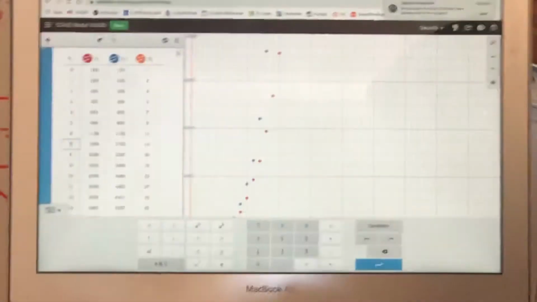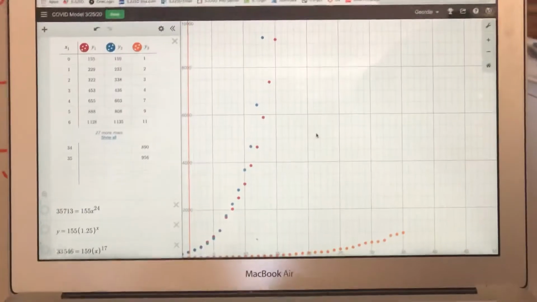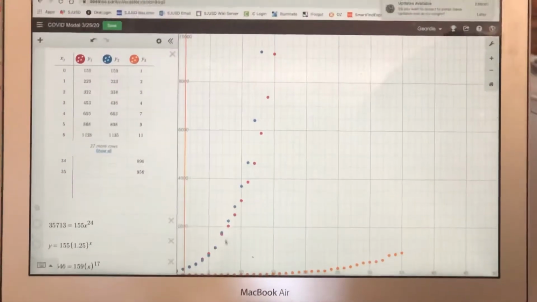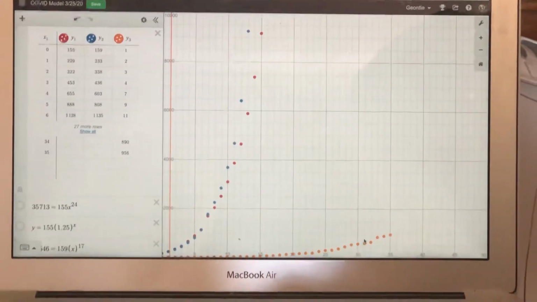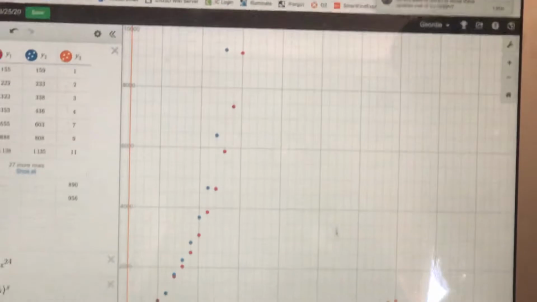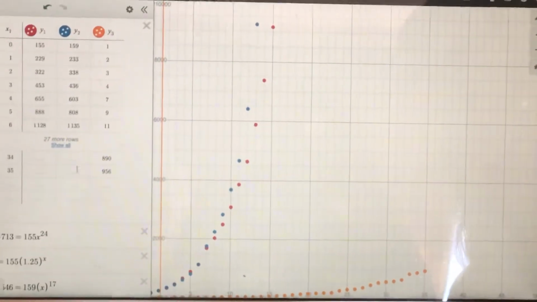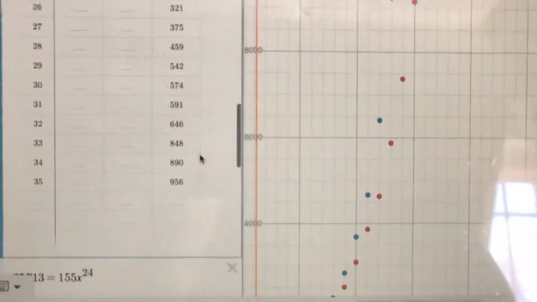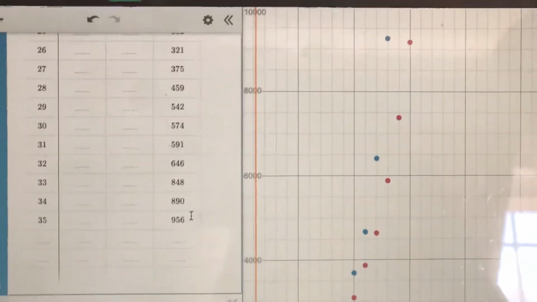I've been modeling this. As we can see here, we have the USA and Italy. For our purposes, obviously, Santa Clara is going to be a lot lower because there's just a lot less people. So it's not really an apples to apples comparison, but I have plotted all of the Santa Clara data in here. From day one, and there is a lot of historical data. We've been getting more stuff coming back.